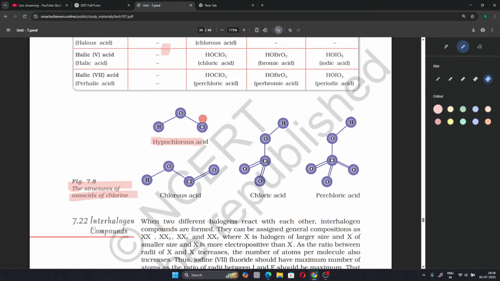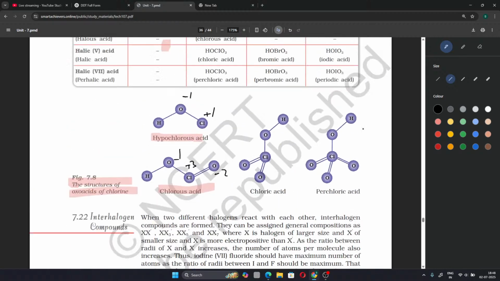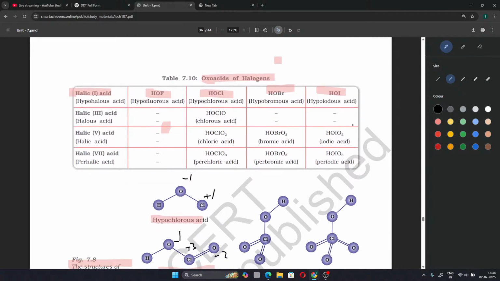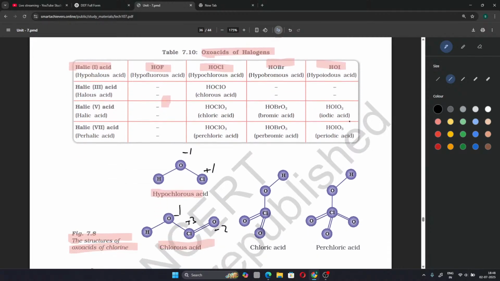And this is chlorous acid, with chlorine having a +3 oxidation state, since oxygen has -2 and OH has -1, so +3. Here it is -1, so +1 oxidation state in the case of hypochlorous acid. The only acid formed by all four of the halogens is hypochlorous acid.